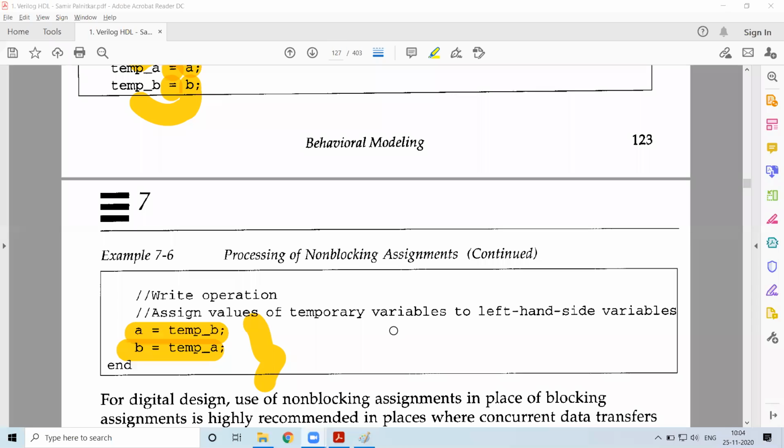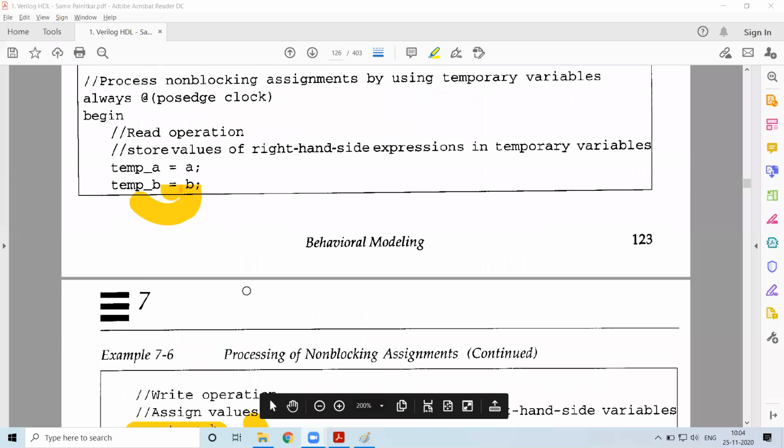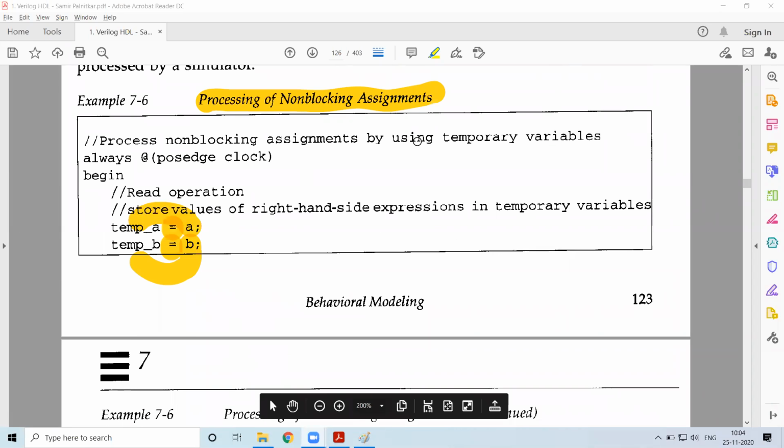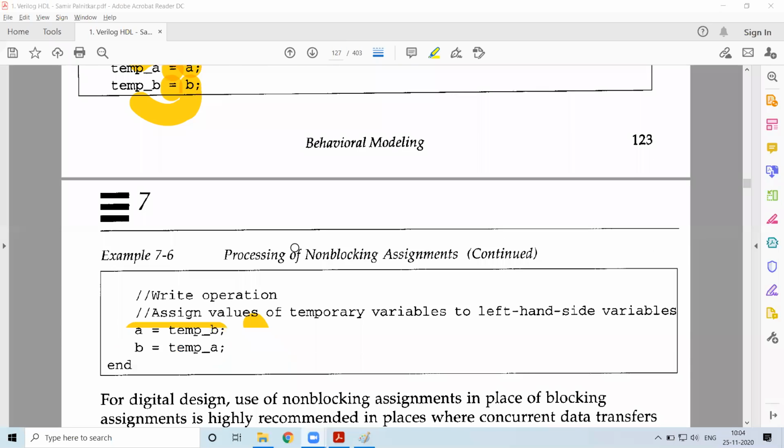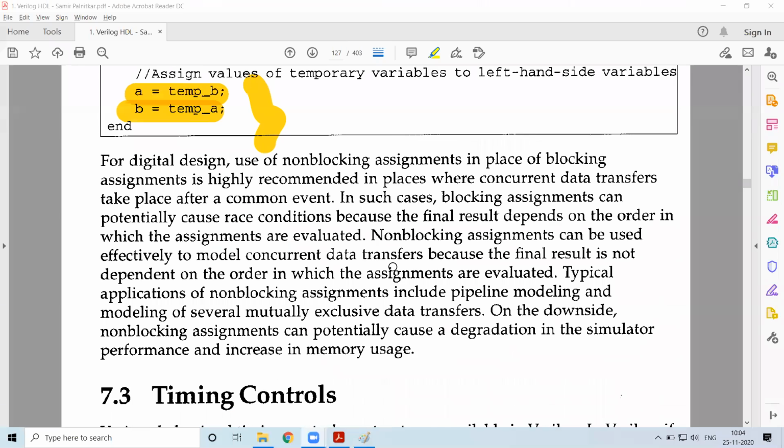Using blocking statements only, I can achieve this non-blocking behavior, but I have to use these temporary variables just to swap the two numbers.